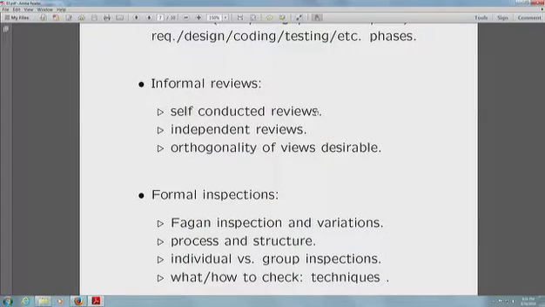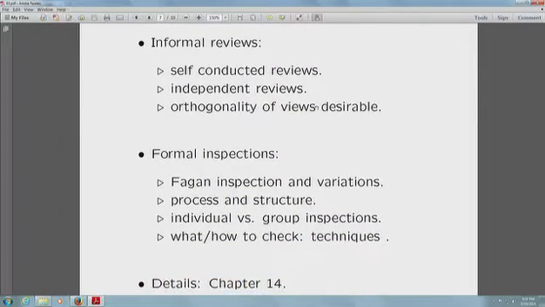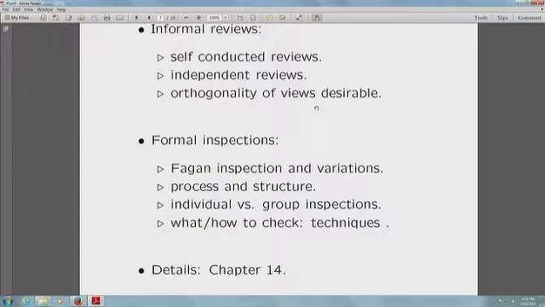To do this, Michael Fagan, who was working for IBM in the 70s, started the so-called Fagan inspection. Fagan inspection essentially wants you to inspect the software with a team, a group of people, instead of just one individual.